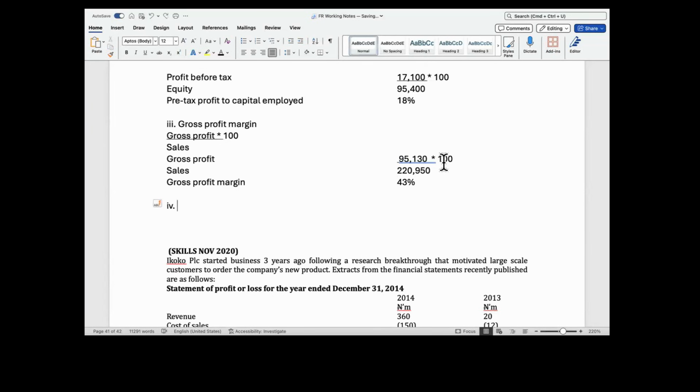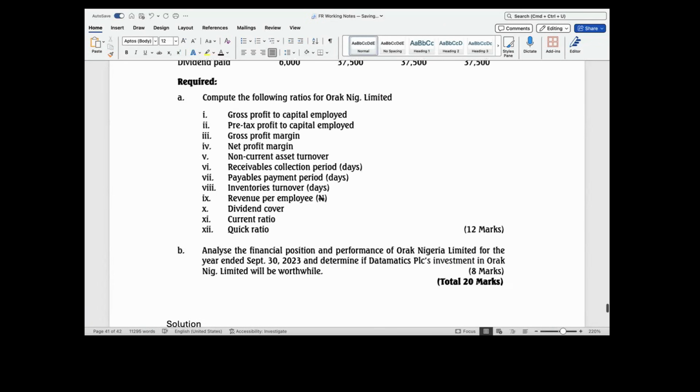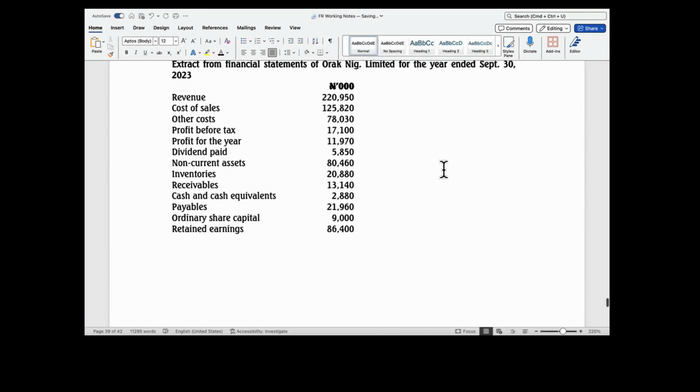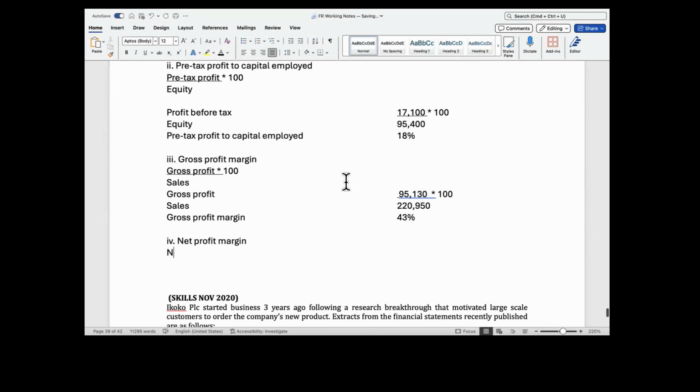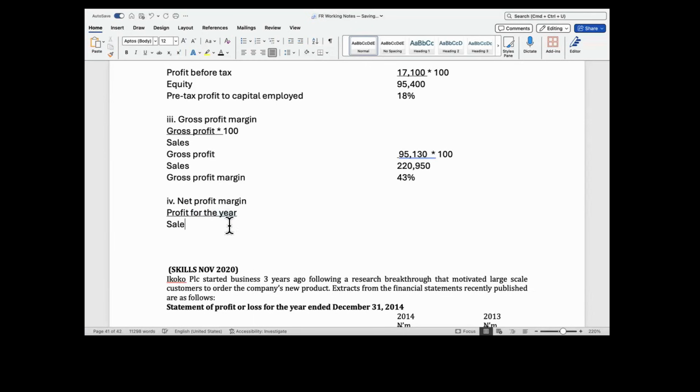Okay. And we are asked for net profit margin, which is my net. What should I use as my net profit? Let me see what they gave me. Okay, I will use profit for the year. So it's the final profit, which is 11,970. What did I say again?